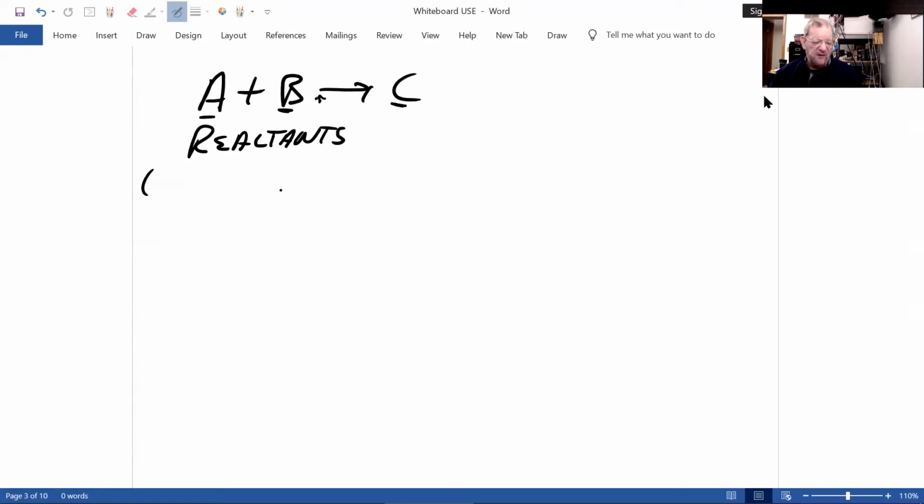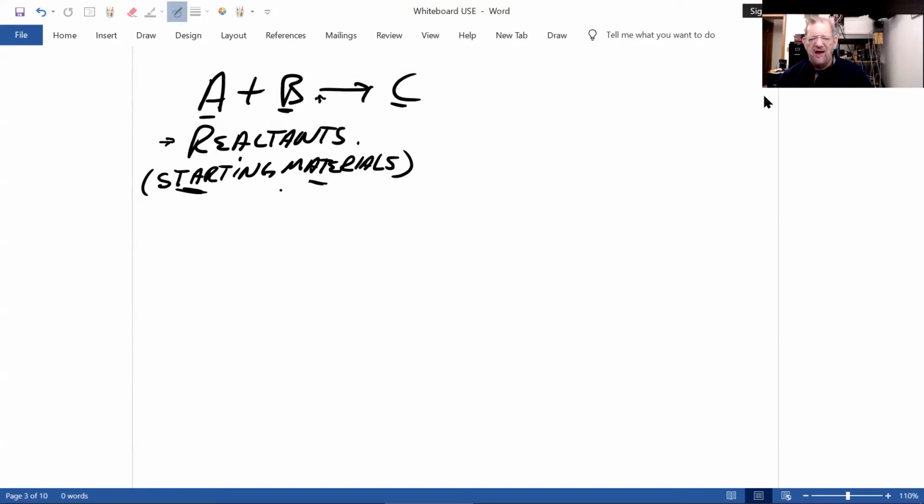Also, because I've spent most of my adult life working in the chemical industry, in academics they call them the reactants. In the chemical industry, we call them the starting materials. And more likely than not, in a class, I'll use both starting materials and reactants.